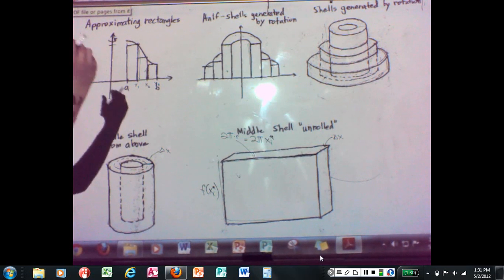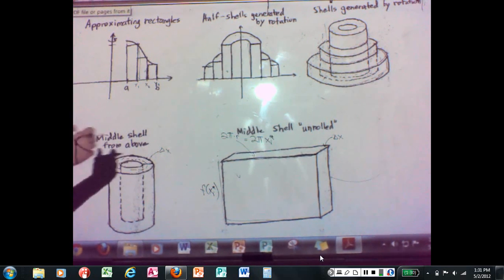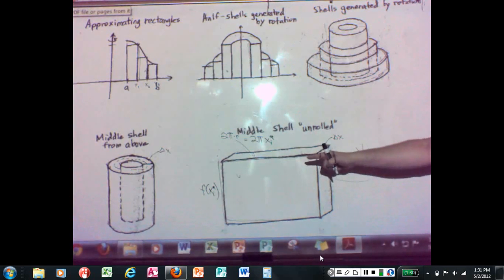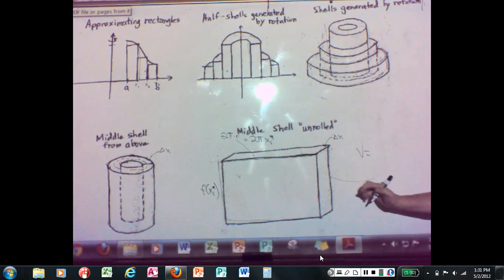So, here we go. Here is our shape. So what's the volume of this? Well, it's just length times width times height. It's 2 pi x sub i star times f of x sub i star times delta x.